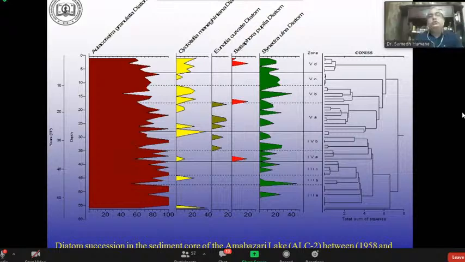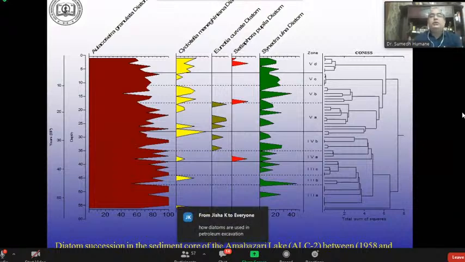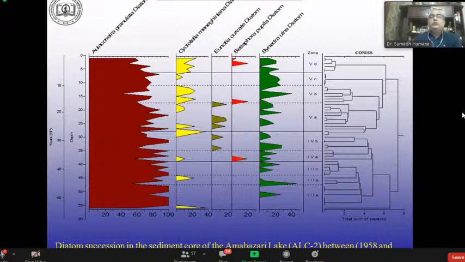You should first develop that database, and only then can you use it, because the Indian diatom database is unfortunately lacking. We have the American diatom database and the European diatom database, but we don't have an Indian diatom database that can be used to interpret the past water quality status or the past climatic status.